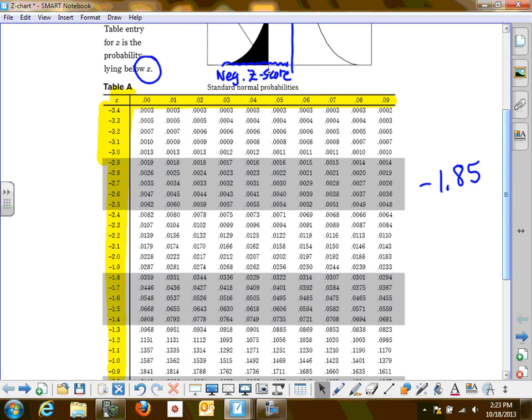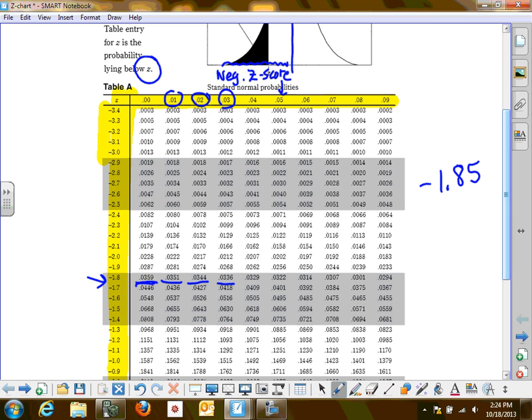We come to negative 1.8, but I want negative 1.85. See, this number is negative 1.80, negative 1.81, this is negative 1.82, this is the number associated with negative 1.83, and so on.